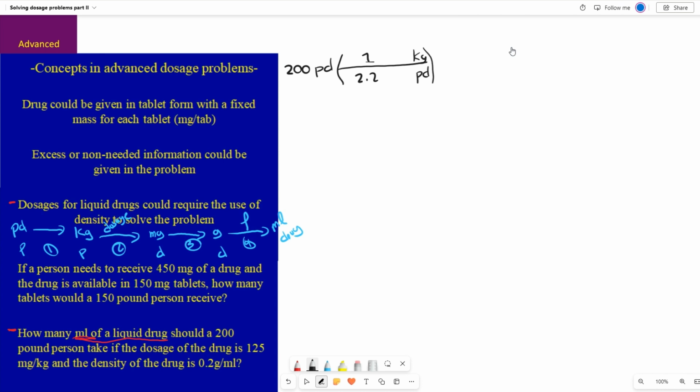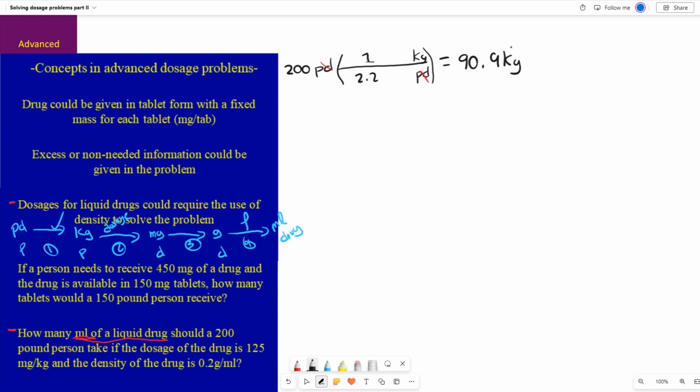That's our conversion factor for English to metric mass. And we find that a 200-pound person, if you multiply by 1 and divide by 2.2, is 90.9 kilograms. Okay, so that was our first step. We got the person's mass in kilograms.